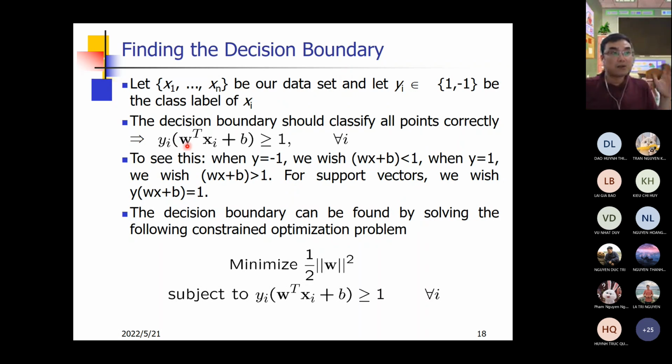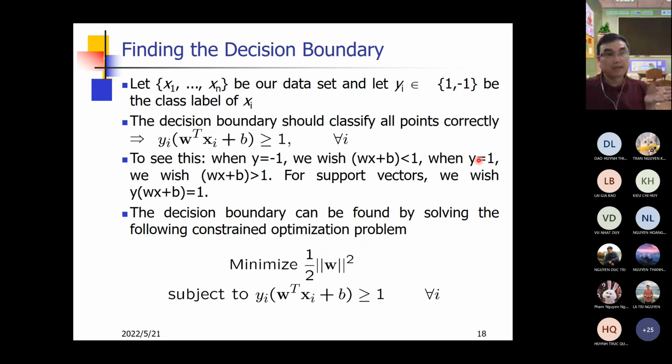Actually, what we are doing is setting a weight vector, and we know how to transpose the weight vector for this decision boundary. It should classify all the points correctly with this formula. In the case of a negative class, this will be smaller than 1.